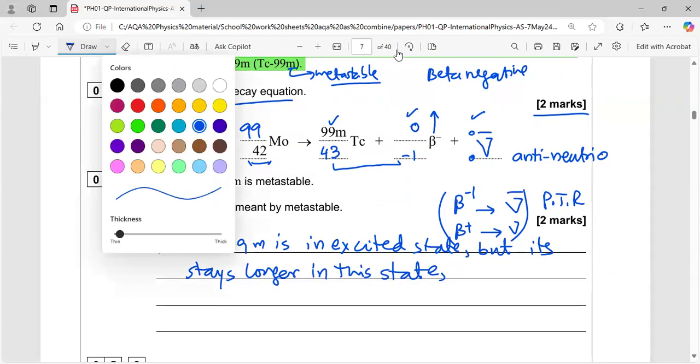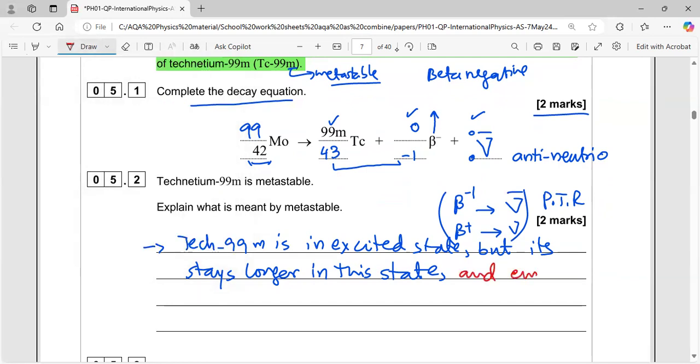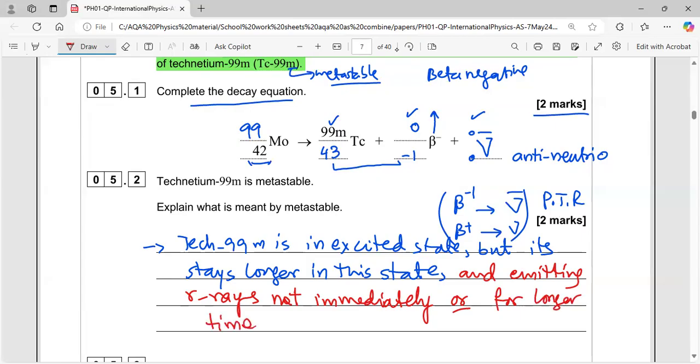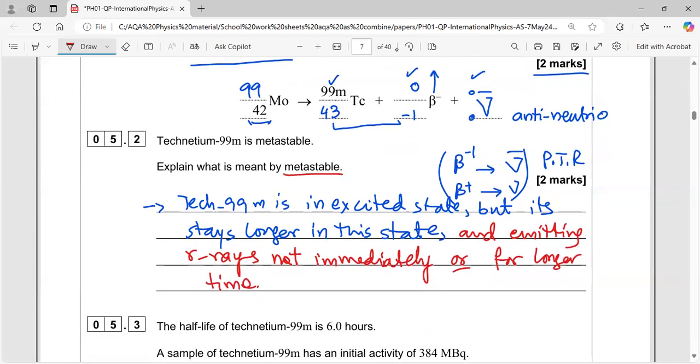But here it stays for a bit longer time, not emitting gamma rays immediately. This is the state in which the nucleus remains in the excess energy state for a longer period of time. So that is called metastable.